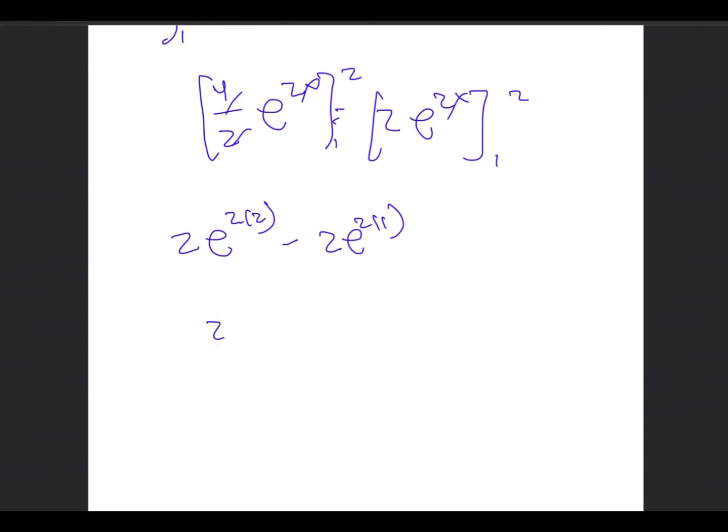So now this is what we are going to get: 2 e exponent 4 minus 2 e exponent 2, right? Therefore, you can factorize 2 out: 2(e power 4 minus e power 2). So that is that.